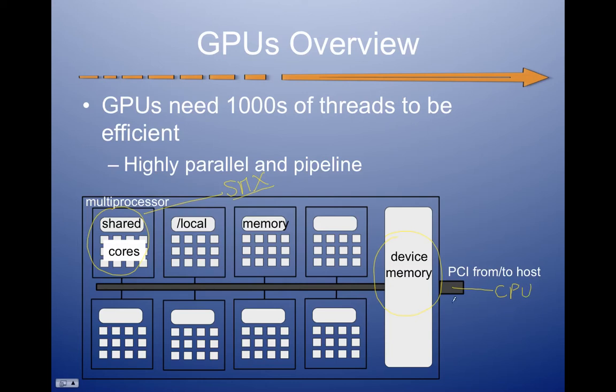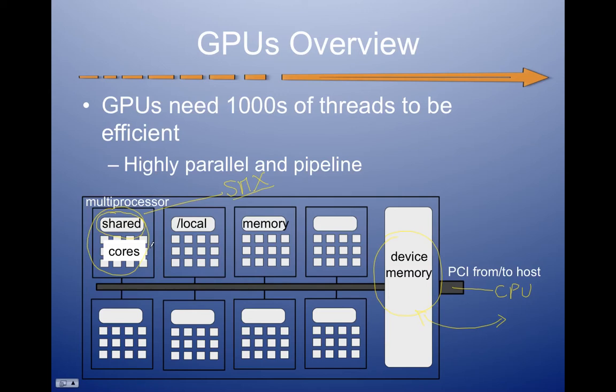So when you do copy in and copy out between the CPU and the GPU, this is between the CPU memory and this device memory. There is no sharing, so this small memory is shared only between the cores inside an SMX. And there is no global synchronization possible between the cores of different SMX.